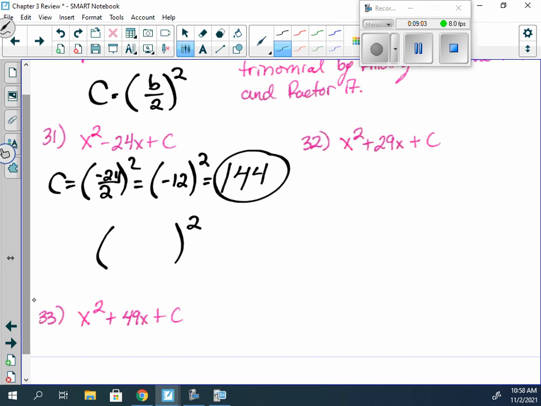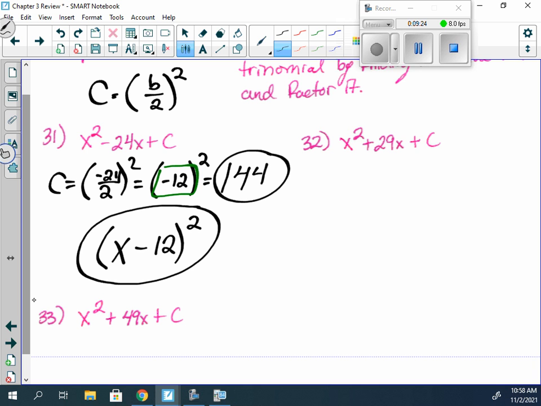Now we also need our set of parentheses squared. X. Now the number that goes inside with x is going to be whatever number we had before we squared it. Since it was negative 12, we will have x minus 12 squared.